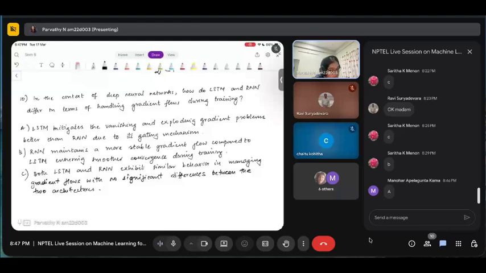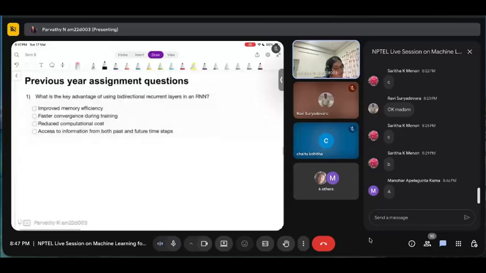So there was one question that we left in the beginning. What is the key advantage of using bidirectional recurrent layers in an RNN? Improved memory efficiency, faster convergence during training, reduced computational cost, access to information from both past and future.